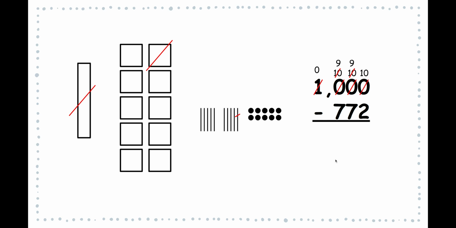And finally, I can subtract. 10 minus 2 is 8. 9 minus 7 is 2, and 9 minus 7 is 2. And 0 minus 0 is just 0. I don't have any more thousands to subtract. So 1,000 minus 772 is 228.